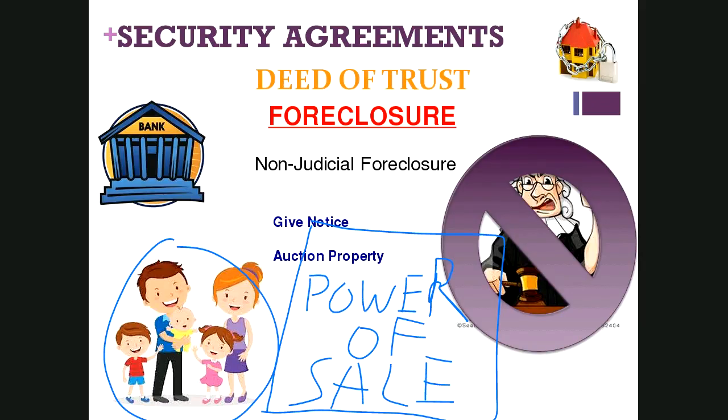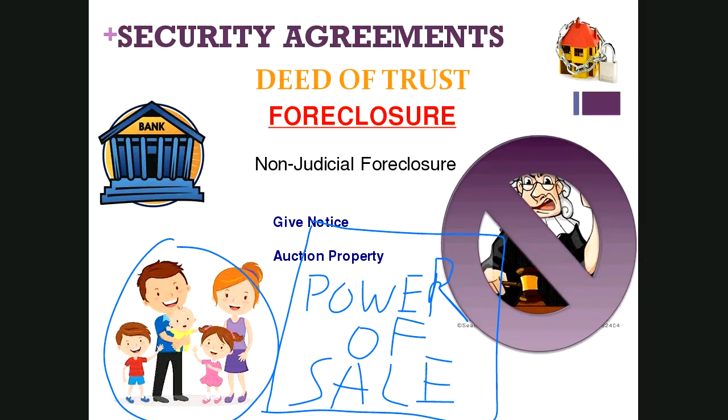So in the deed of trust document itself, these three words are in a provision, and it says the borrower hereby grants the lender a power of sale on the property. And that means that they have already given their permission to sell the property in order to satisfy the debt.